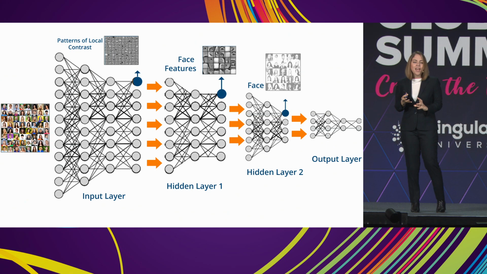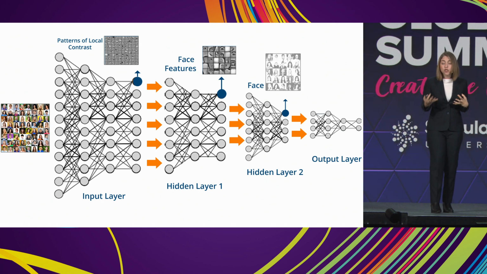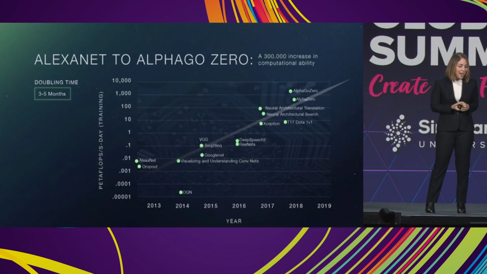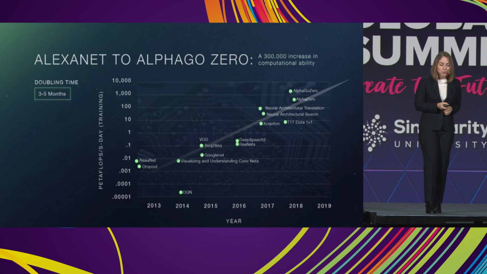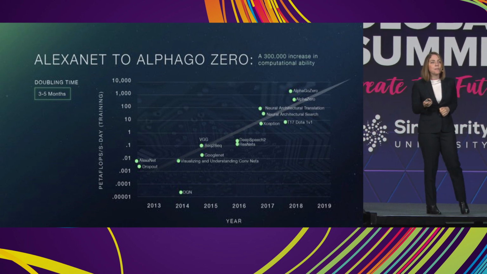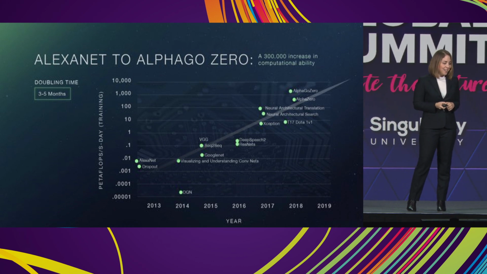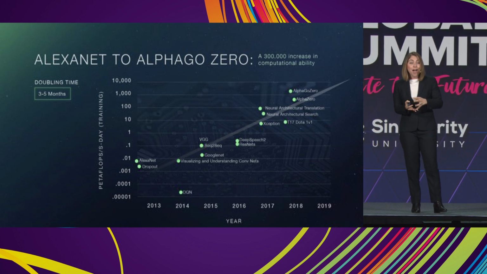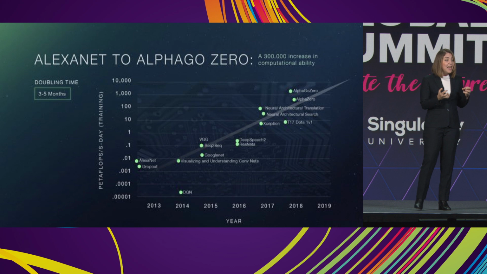Think about how, when you look at this nested layering of the neural networks in deep learning, that is very computationally expensive to run. That's part of why computational power is so important when it comes to software 2.0. Ray actually talked with you folks about this morning, but again, it can't be underemphasized. The fact that computational power is doubling every 3 to 5 months is incredible.